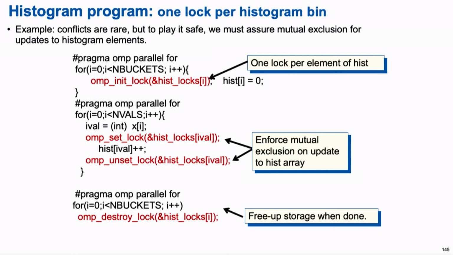This is an example of where I would use fine-grained locking to have control over the mutual exclusion synchronization. So yeah, the critical was easier, but depending on the situation, this can be a lot more efficient. And then reclaim your memory when you're done by destroying the locks, which I also do in parallel.